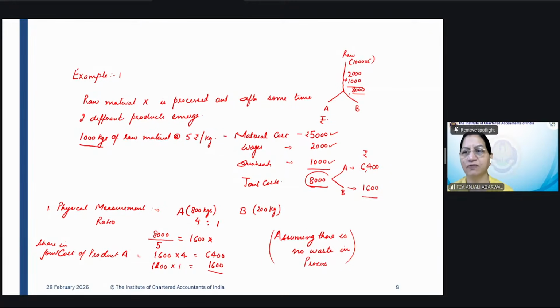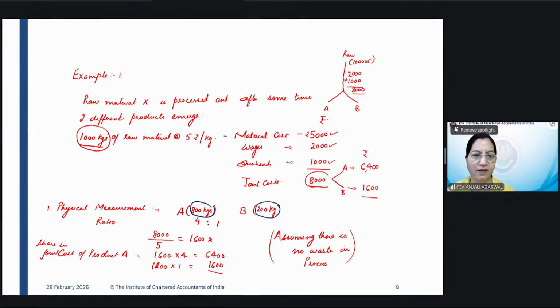So if we follow the physical measurement, 1000 kgs of raw material was used. So we will see amongst this 1000, how much kgs on physical measurement, how much kgs of A, and how many kgs of B. So 800 and 200. So we have the ratio of 4:1.